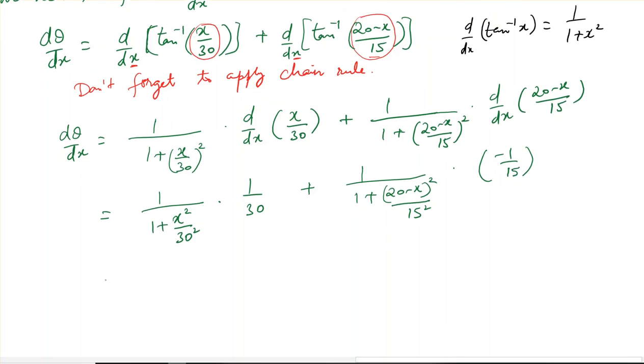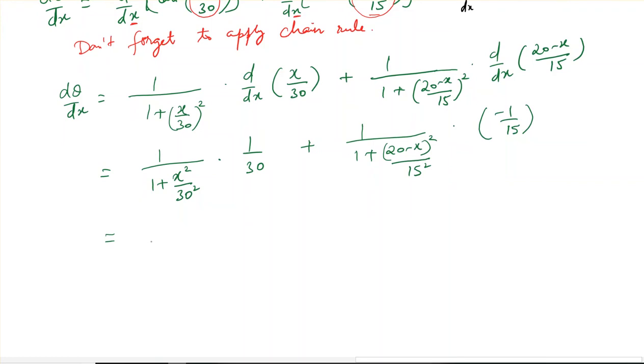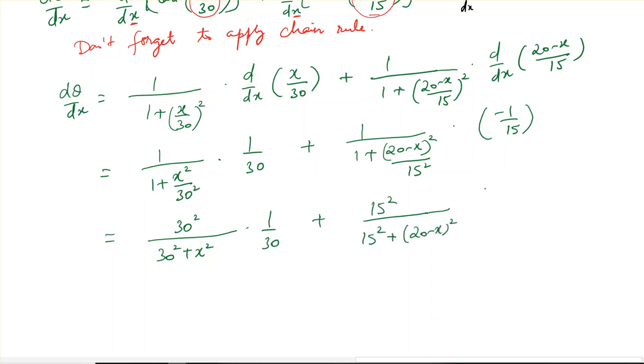Alright, moving on, we can do some algebraic simplification. Here we got, down below, 30 squared plus x squared over 30 squared. We can take that to the top, times 1 over 30. Similarly, we have 15 squared plus (20 minus x) squared, times negative 1 over 15.